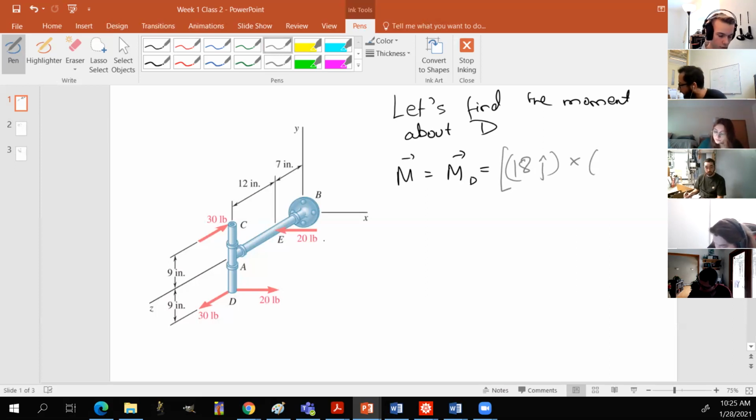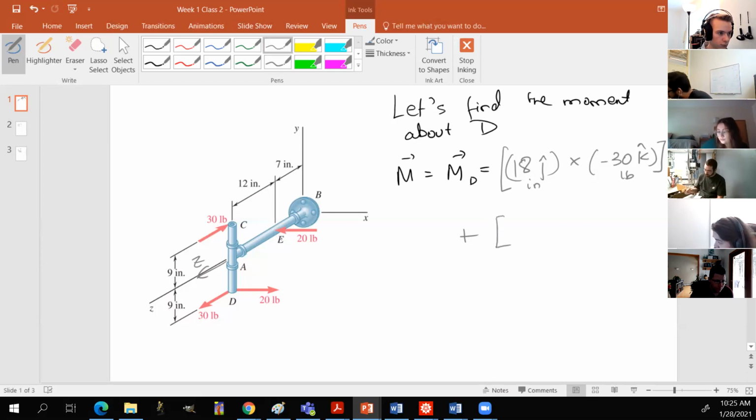So positive Z is this way. So 30 pounds is in the negative Z. So minus 30 K hat, right? And let's just stick with our units so that we're good. So 18 inches, and then this is 30 pounds over here, plus this other force of 20 pounds, right?